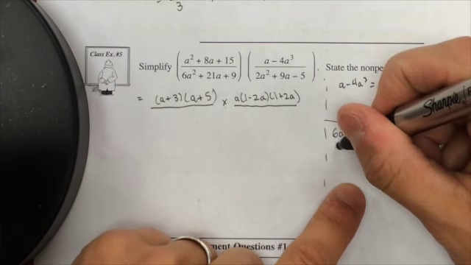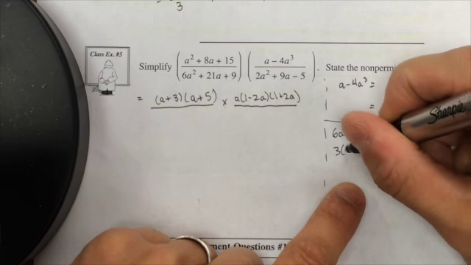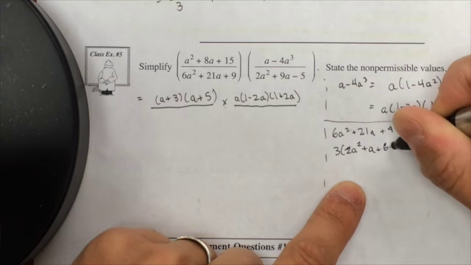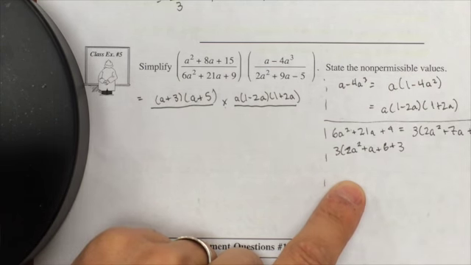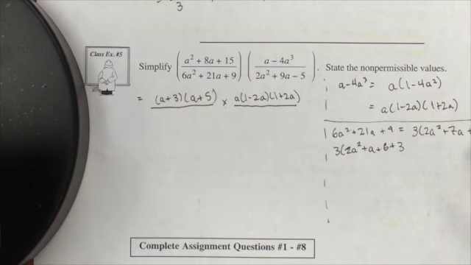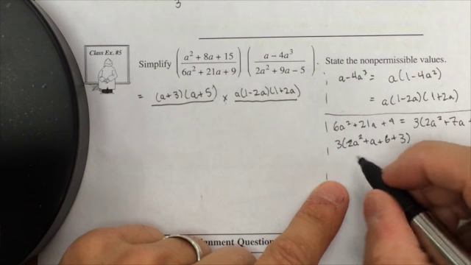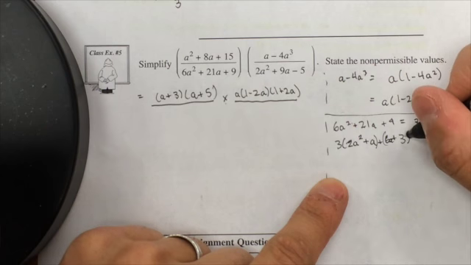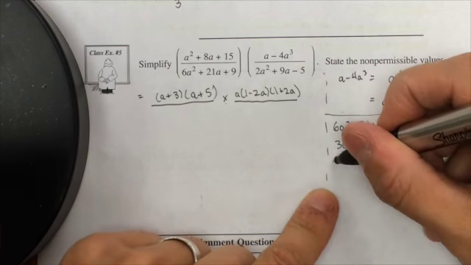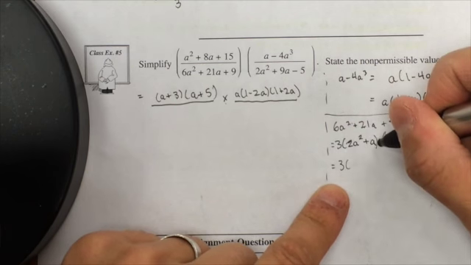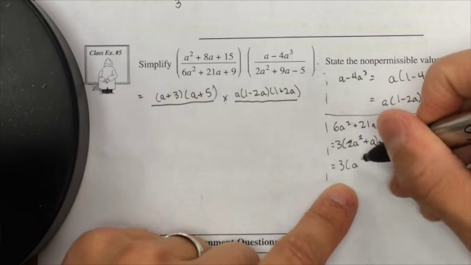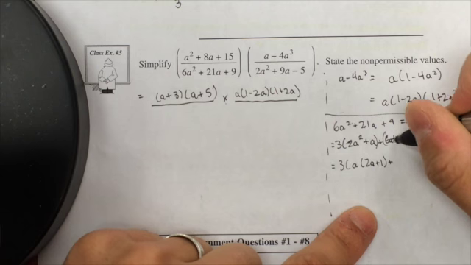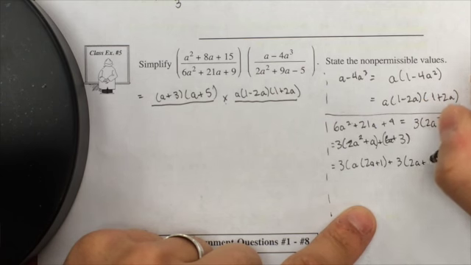And so I have 3 times 2a squared plus a plus 6a plus 3, because I chose my integers of 6 and 1. Okay, so now with these two terms, I can factor those out, and that would give me 3 times, if I bring an a out of this, a times 2a plus 1, and if I bring a 3 out of these two, 3 times 2a plus 1.